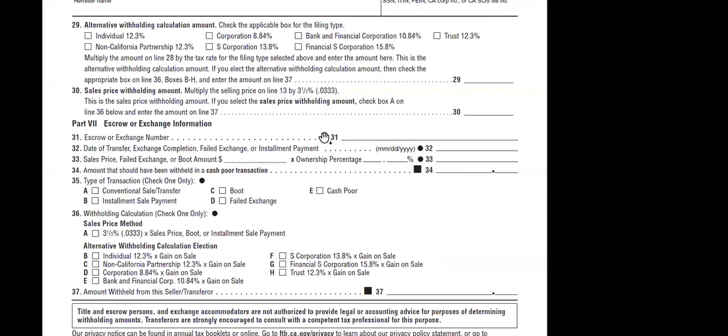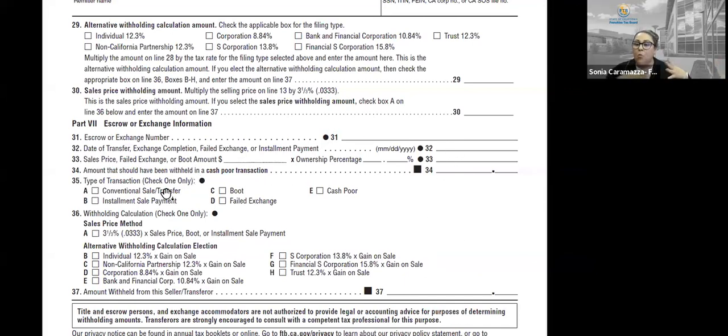It just depends. We don't know how much they're making elsewhere or if they're selling other properties outside of this escrow with you. So it just depends on the person. They could potentially owe taxes, but it's in a bigger scope dealing with their other California source income that they may be reporting on their taxes.